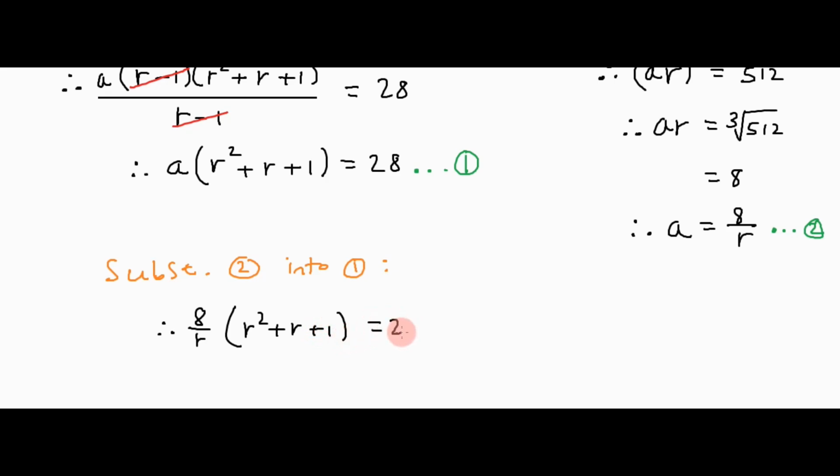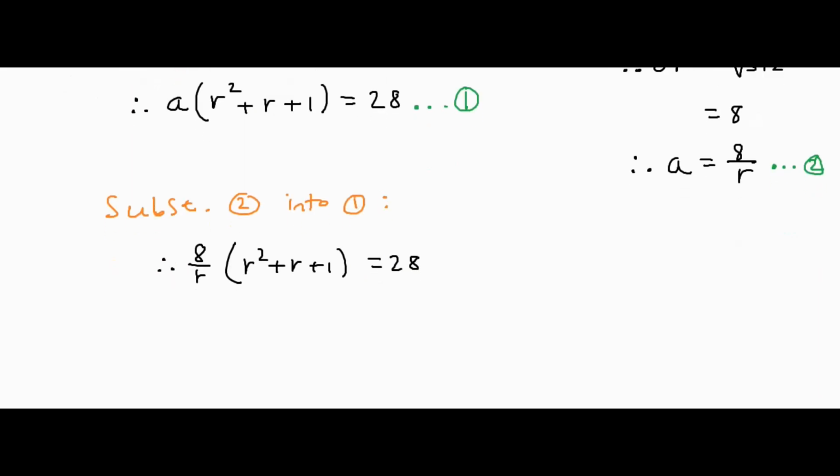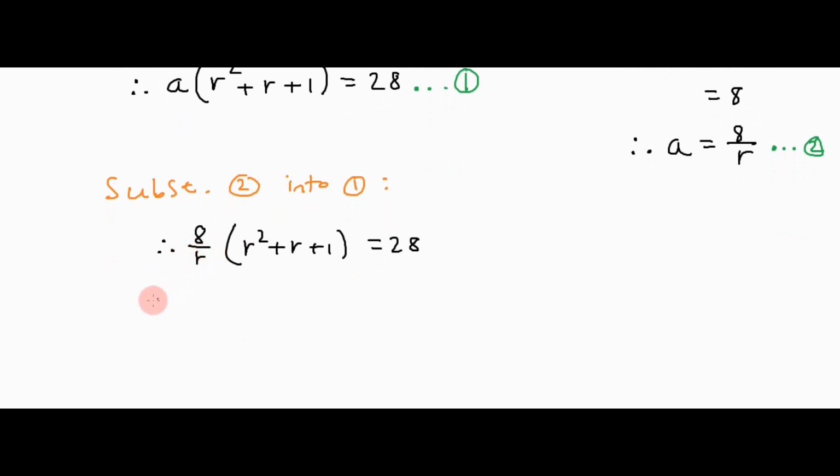And this must equal 28. We can get rid of the fraction here by multiplying through by R. And on the right hand side, we're going to get 28R. We can multiply the 8 into the brackets.